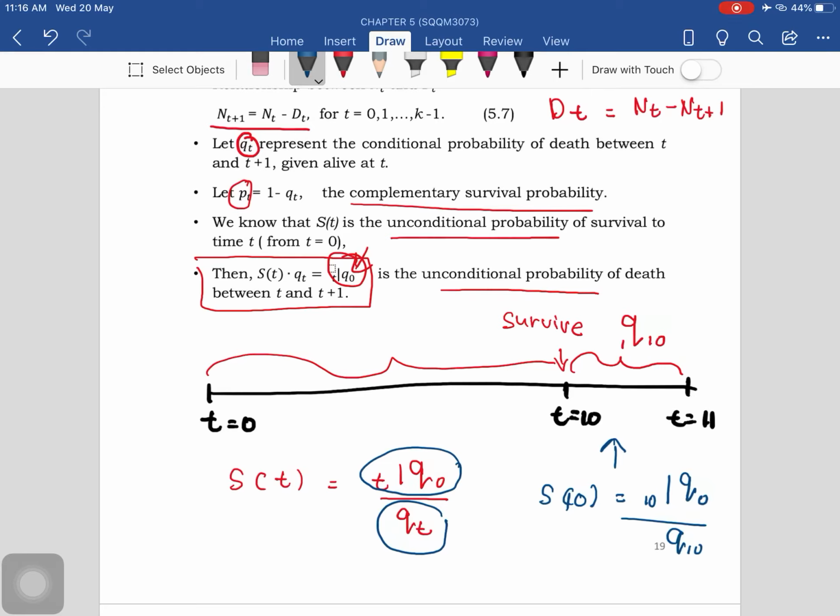So S10 here is from 0 to 10, still surviving. We just constant on 10 to 11. The probability of death over Q10 to 11. So we will get the unconditional probability of survival.